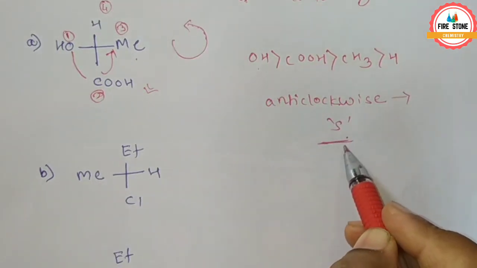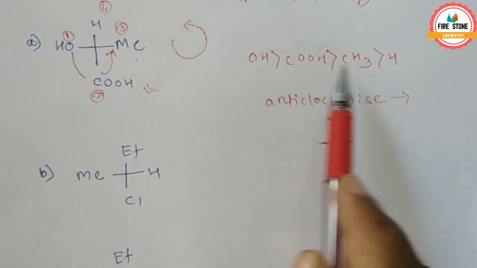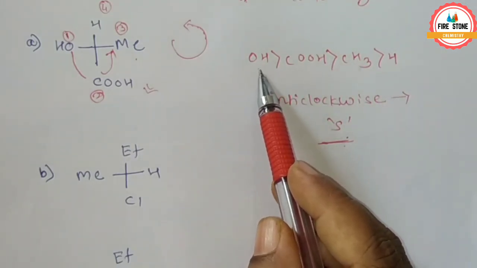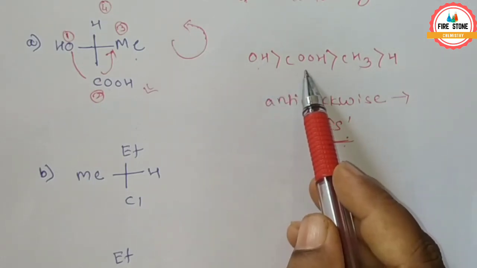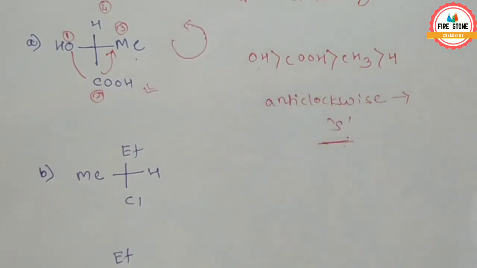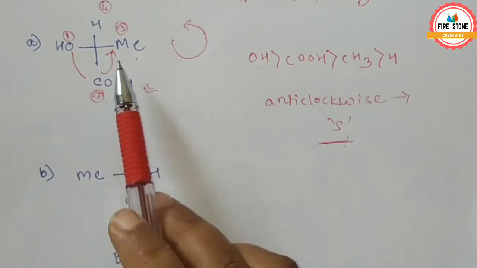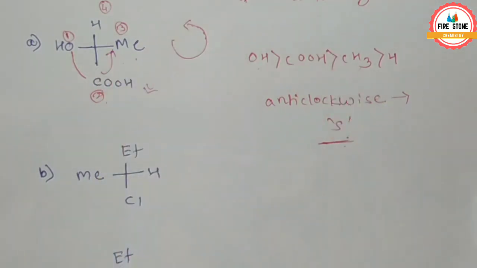So configuration is S, and priority of group is given on the basis of their hierarchy. So OH is the higher priority than COOH, then CH3, and then H. So OH becomes first, then second is COOH, third is Me, and fourth one is the H.